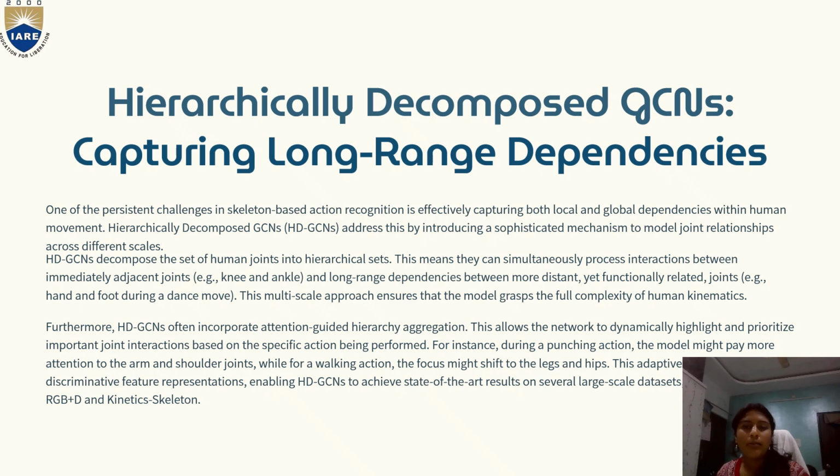The multi-scale approach ensures that the model grasps the full complexity of human kinematics. Furthermore, HDGCNs often incorporate attention-guided hierarchy aggregation. This allows the network to dynamically highlight and prioritize important joint interactions based on the specific action being performed. For instance, during a punching action, the model might pay more attention to the arm and shoulder.